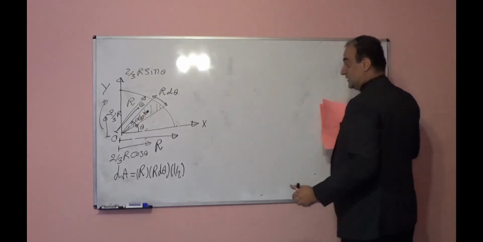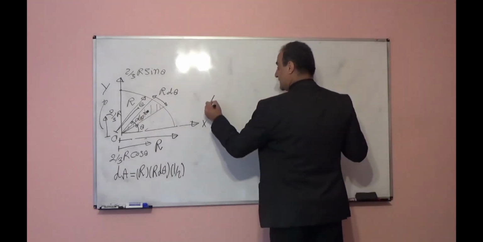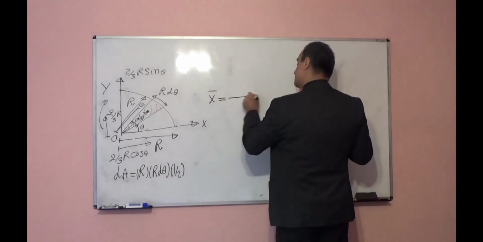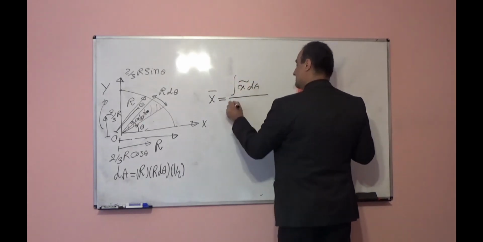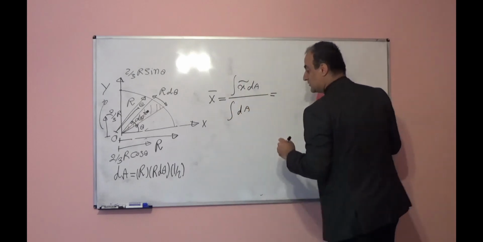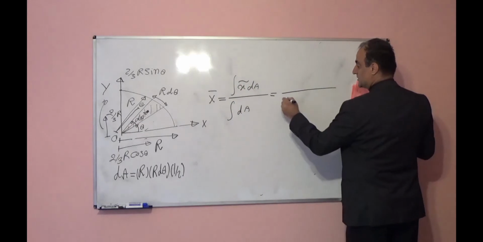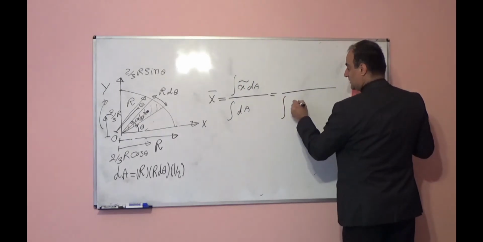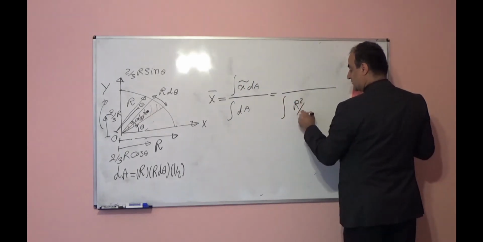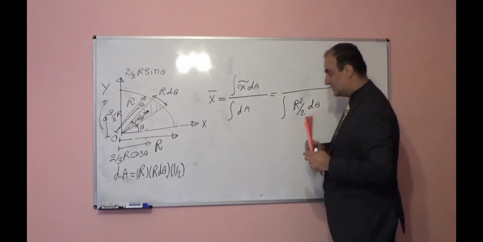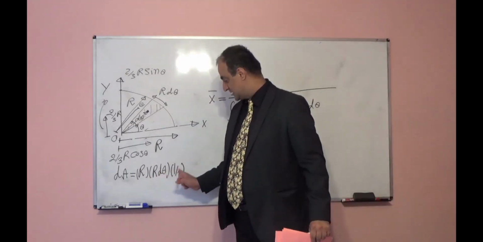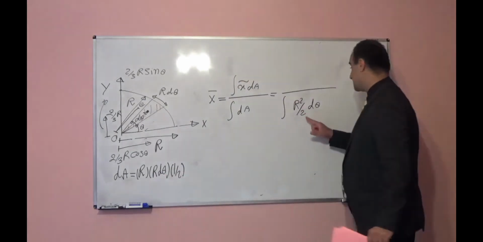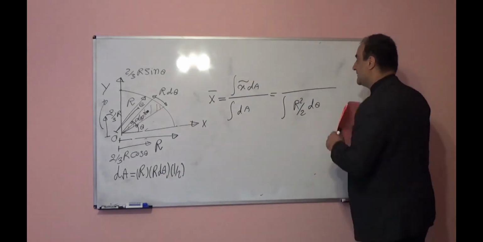So, now, if I plug in the formulation, x tilde dA divided by the integration of dA will be equal to the integration of r squared over 2 d theta, because r times r will be r squared, and d theta times half will be r squared over 2 d theta.